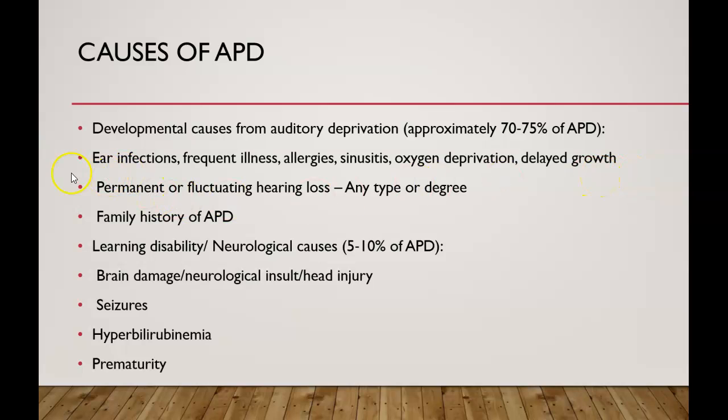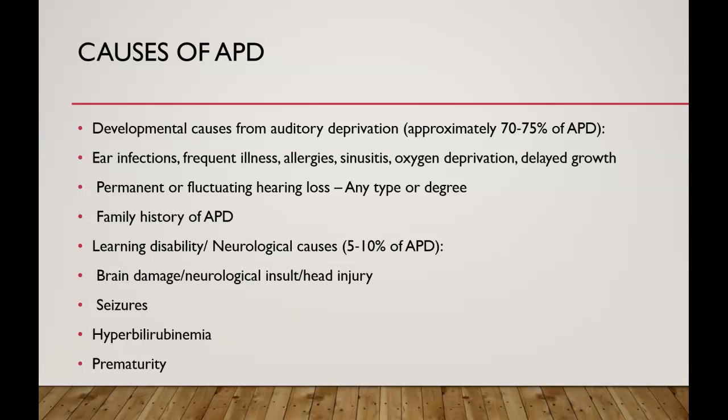Okay. Typically, individuals with these issues have normal hearing, normal physiologic hearing. So outer, middle, and inner ear are normal, but when it moves through the auditory system, then we have some issues. We know that people who have permanent hearing loss or fluctuating hearing loss, and that's any type of hearing loss and any degree of hearing loss, because there's a physiologic issue, we know there's going to be a listening issue or an auditory processing issue.